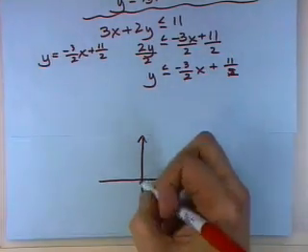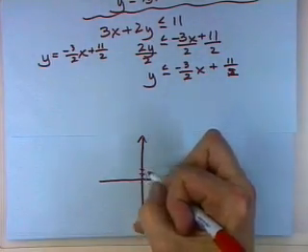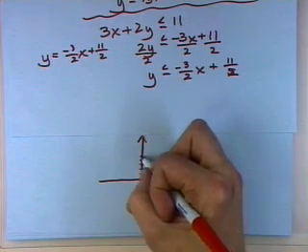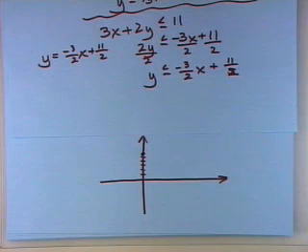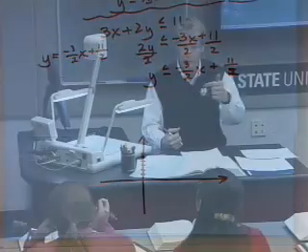So 11 halves, 5 and 1/2. That's our y-intercept. And how do I give something a slope of negative 3 halves? Up 3 left, or down 3 right. Some combination of down right or up left.